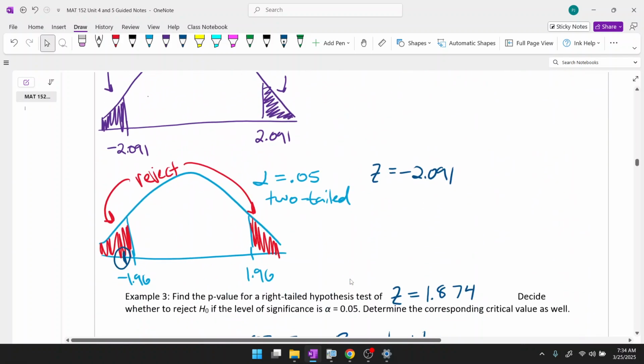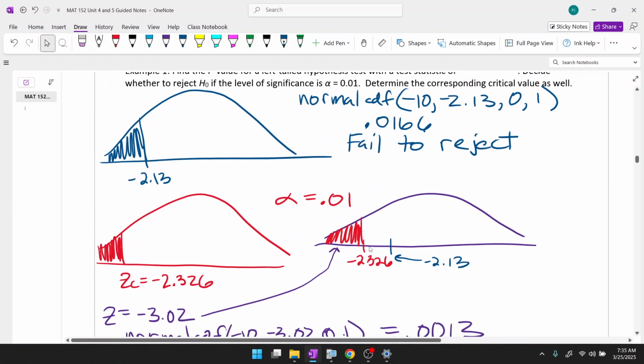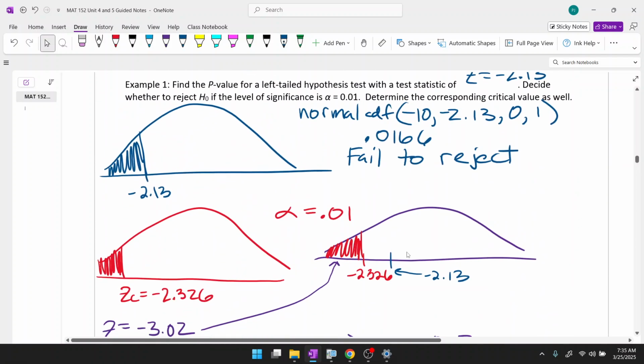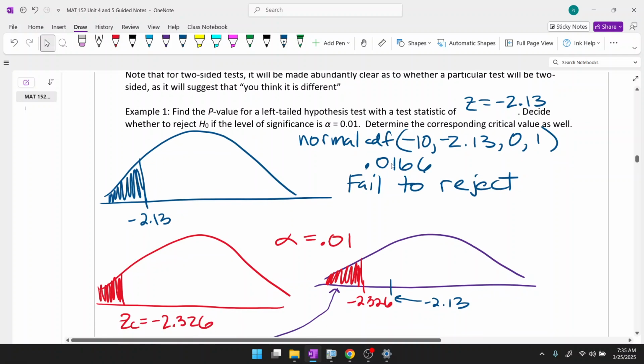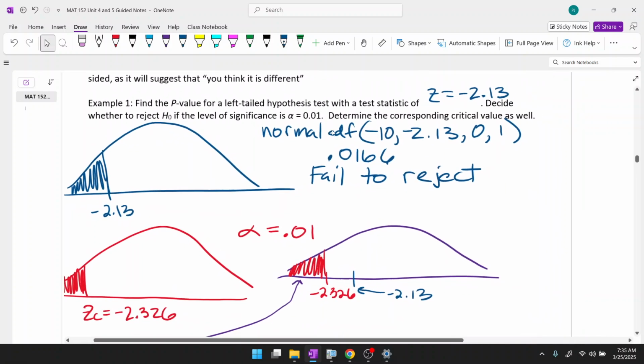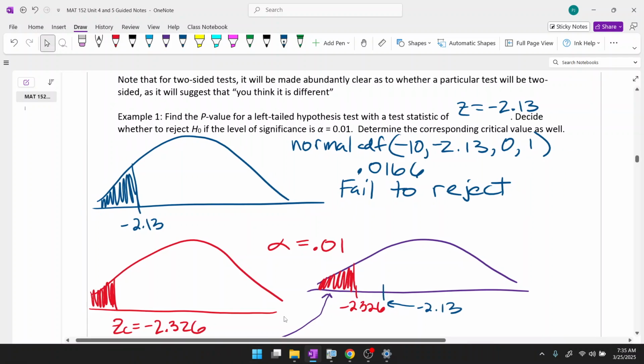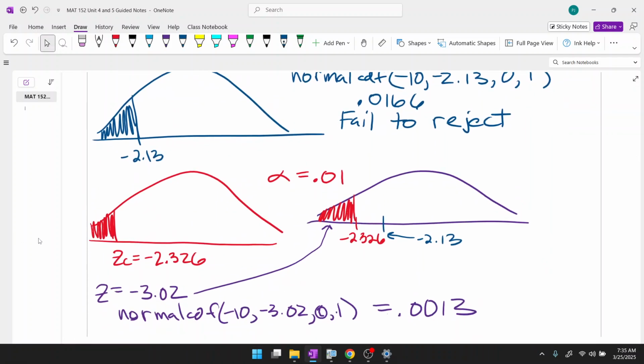Now, in the first example that we did, we failed to reject the null because the p-value was higher than the alpha given, even though that p-value is actually the lowest in this first example, the alpha threshold was much lower. Considering where the critical value was and where our z value was.